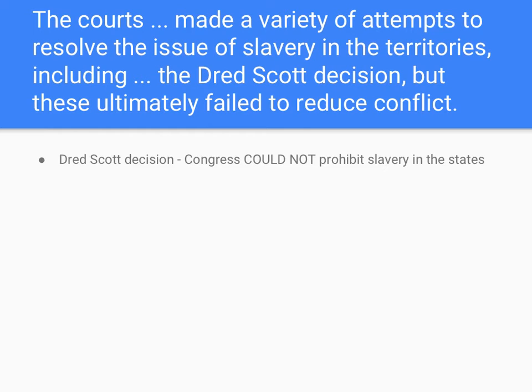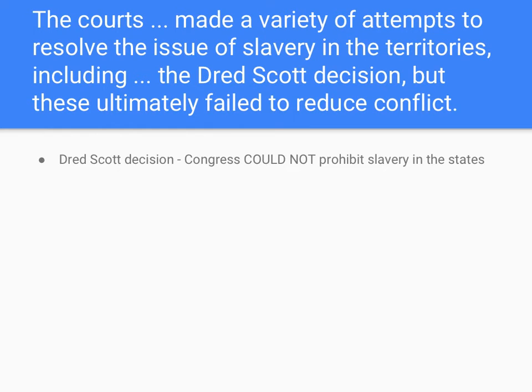But in the Dred Scott decision, the Supreme Court actually went in the opposite direction. The Dred Scott decision said that Congress did not have the power to prohibit slavery in any states or territories. And in fact said that it was the states' right to decide for themselves whether or not they would have slavery in their territories.